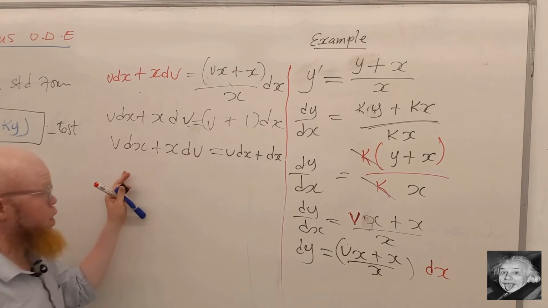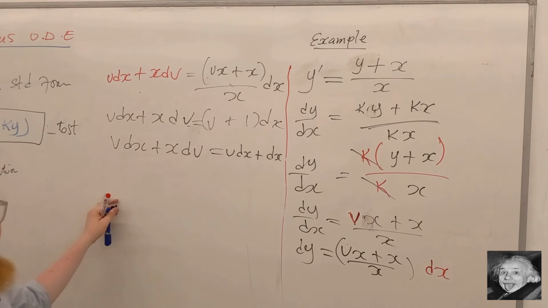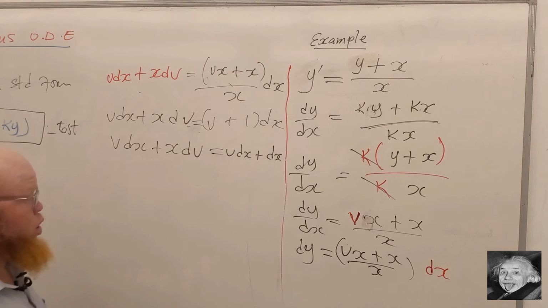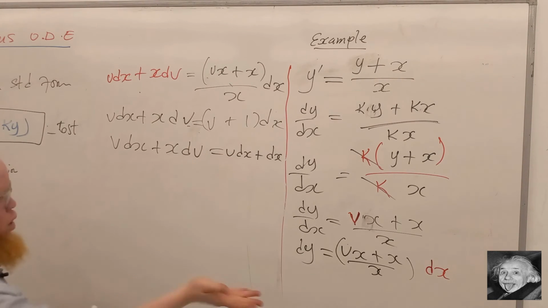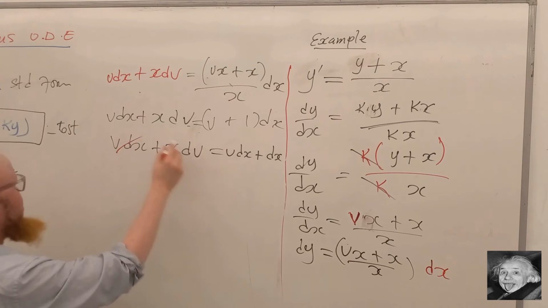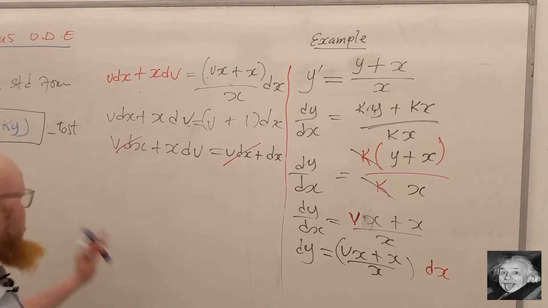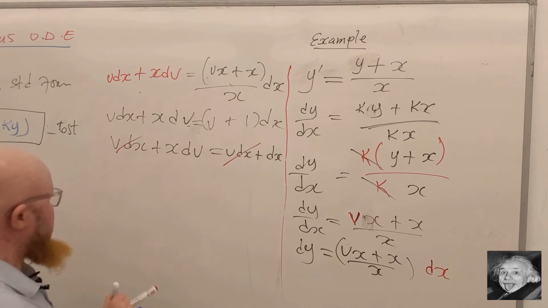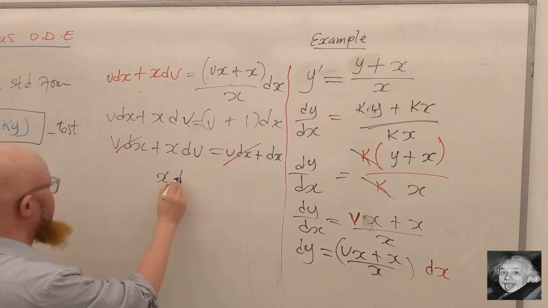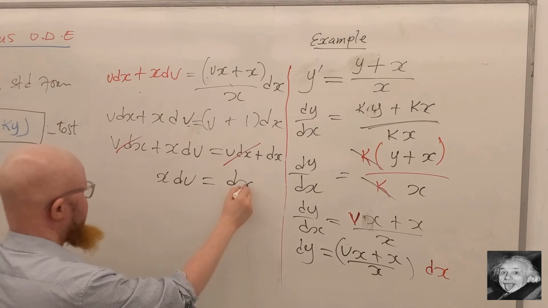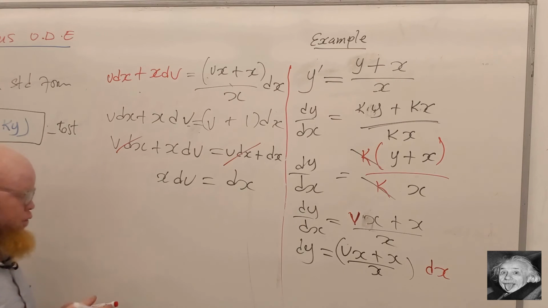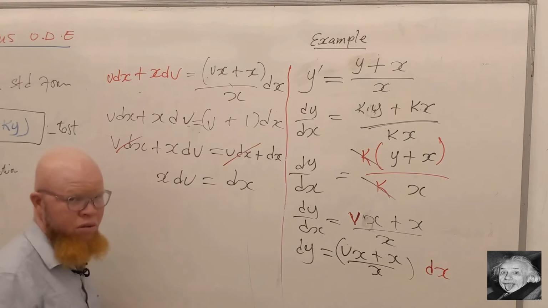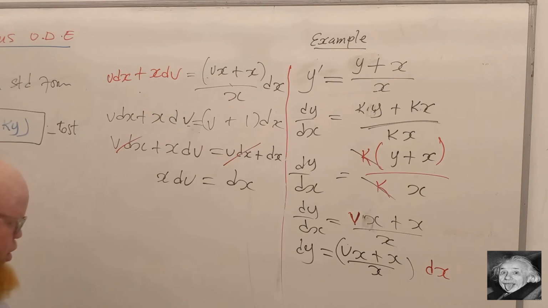From this, I can see which ones are common, and the common ones will cancel, because if they come to the other side, it will be minus. So I can cancel this one and this one. What I'm remaining with is x dv equals dx. After reaching this stage, you can see that it's now separable, because I can separate the terms.